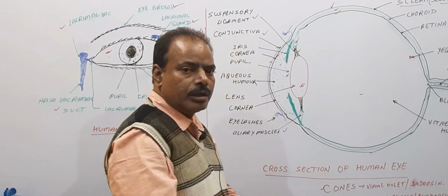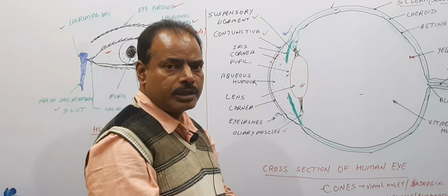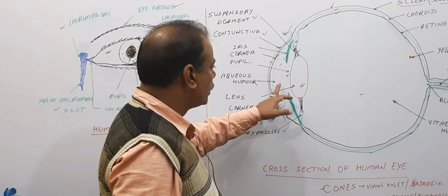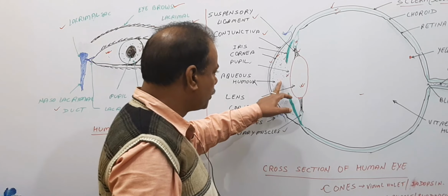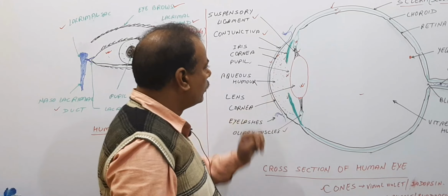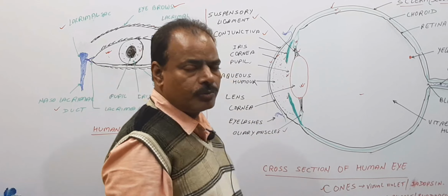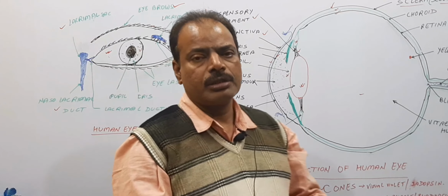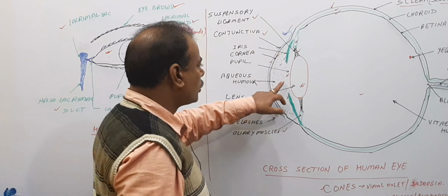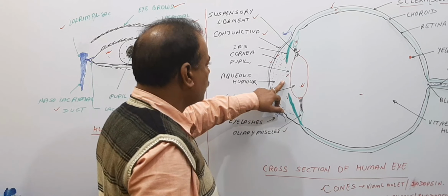Aqueous humor is located in the aqueous chamber, which is between the cornea and lens. Aqueous humor moistens the lens, protects the lens, and also refracts light rays.